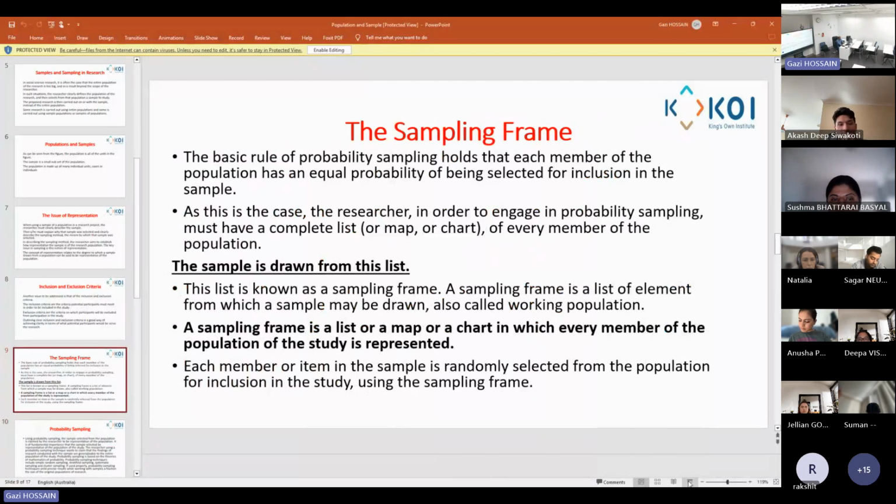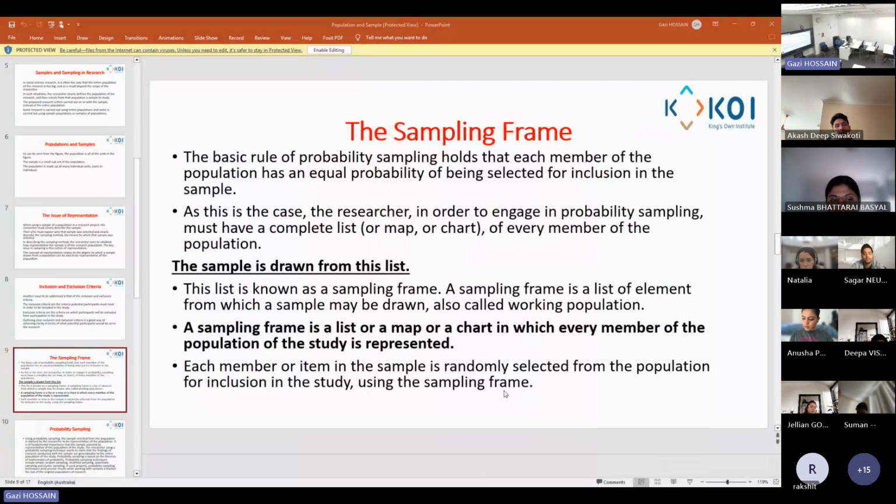Okay. So I said that there are two main sampling methods. One is probability, another one is non-probability. Probability sampling has specific techniques such as simple random sampling or stratified sampling. Non-probability sampling also has some specific sampling techniques.